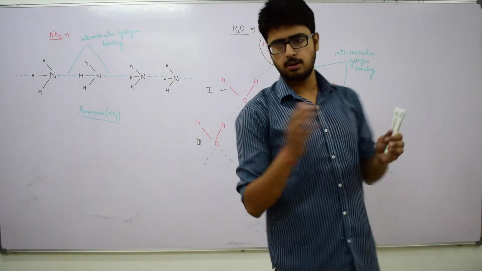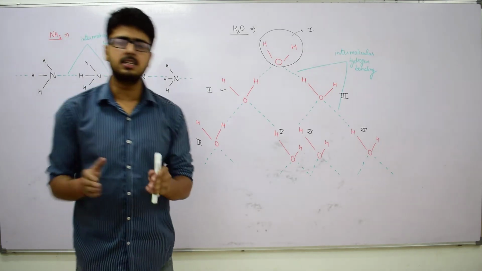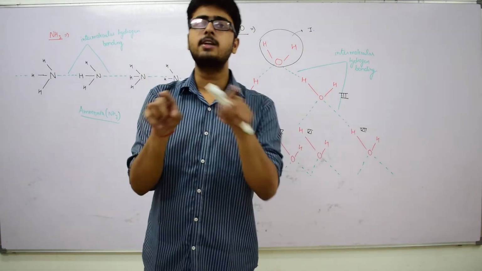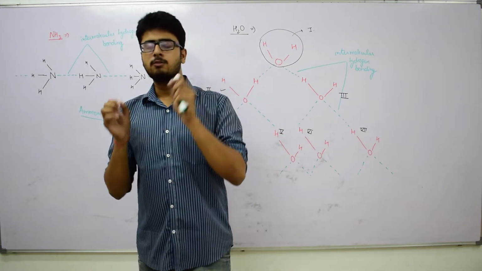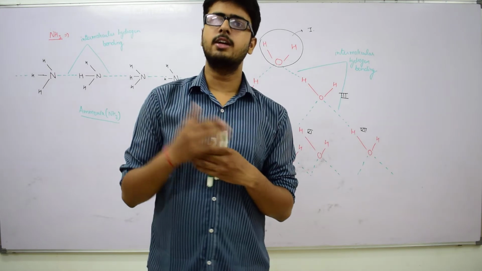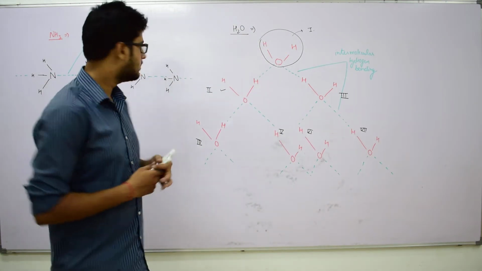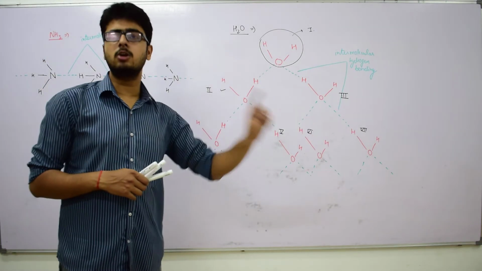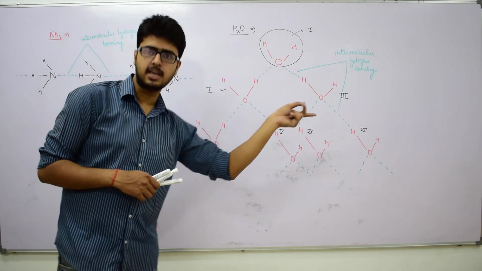So we discussed intermolecular hydrogen bonding. Intermolecular hydrogen bonding is the type of bonding in which hydrogen bonding is present between different atoms of two different molecules. For example, it is present in water, it is present in ammonia, and we already discussed one example of intermolecular hydrogen bonding, that was the case with HF, hydrofluoric acid.